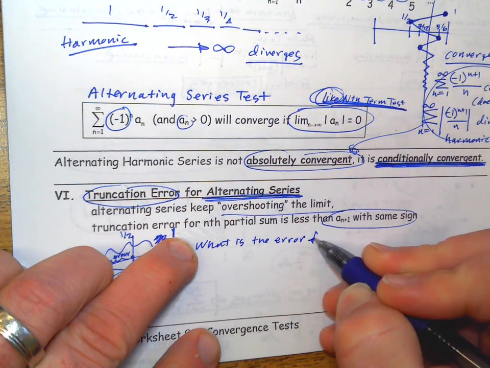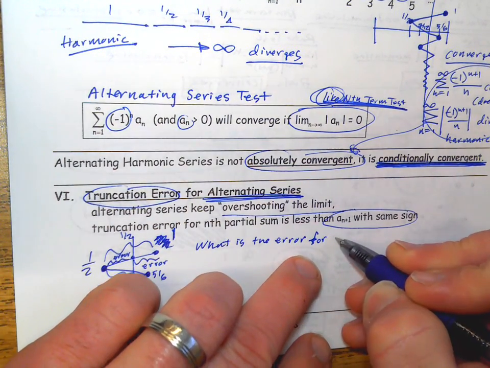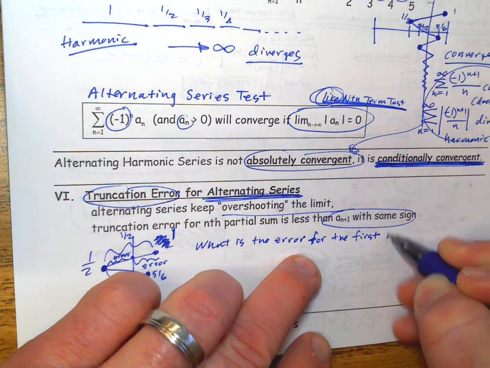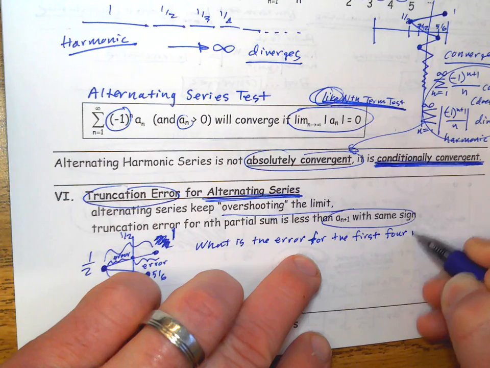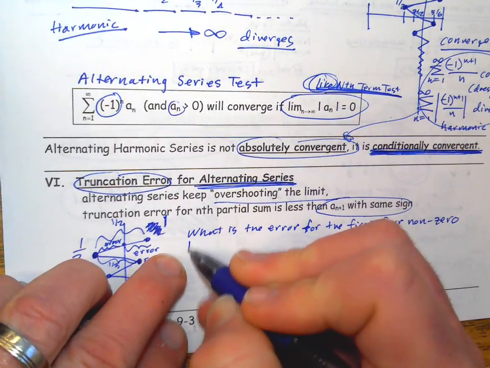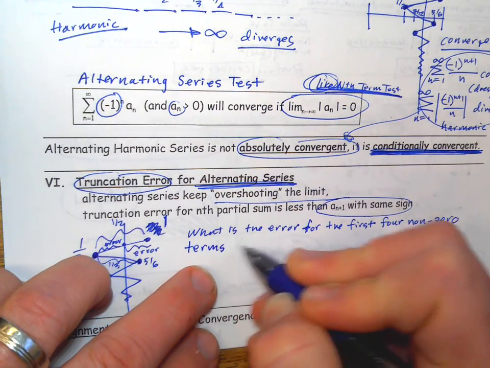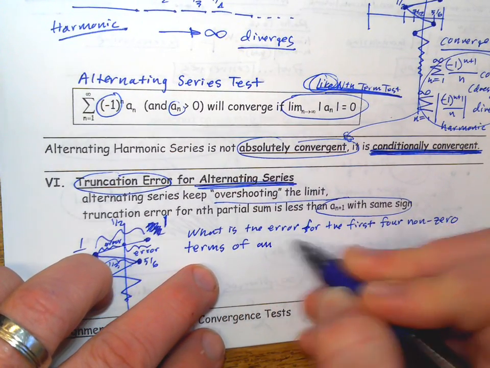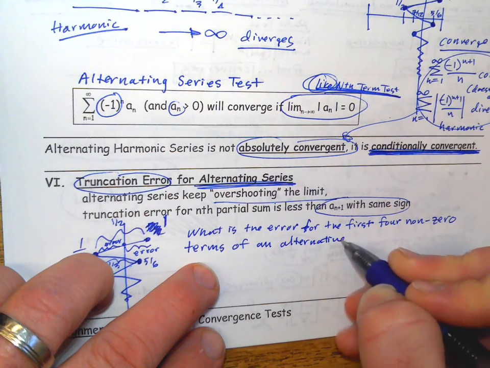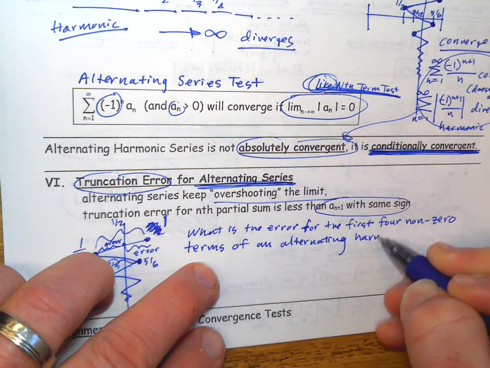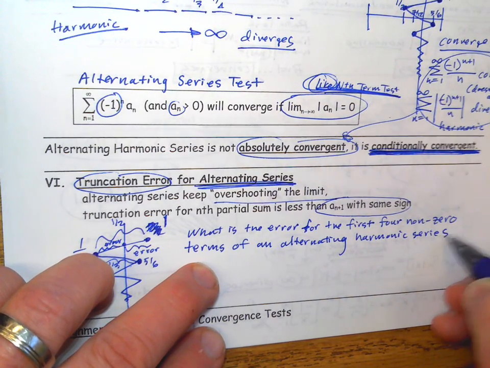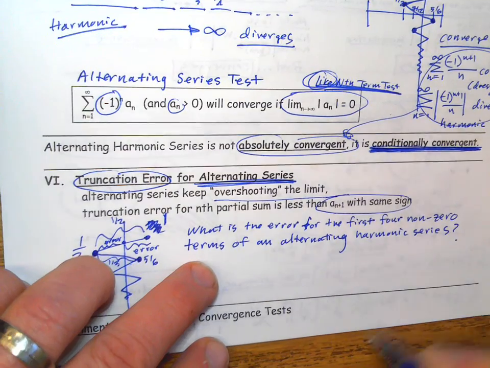Here's just an example for the first 4 non-zero terms of an alternating harmonic series. Now we're only going to talk about error for series that even converge.